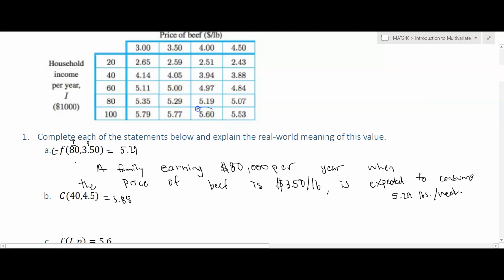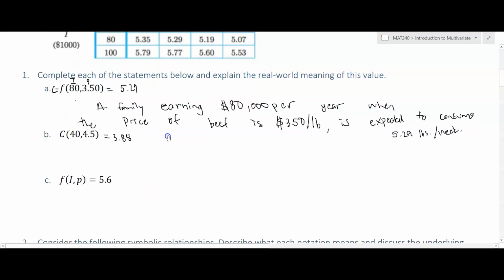So 5.6 is the amount of beef consumed for a family earning $100,000 per year when the price of beef is $4 per pound. So I could say that for this particular case, F of 100, $4, that leads to a consumption of 5.6 pounds per week per household.